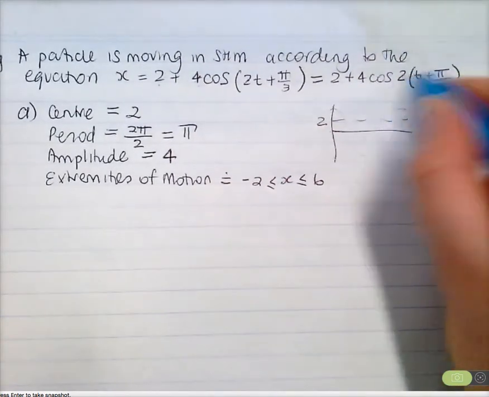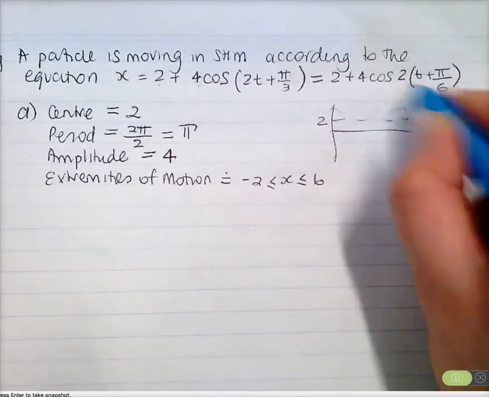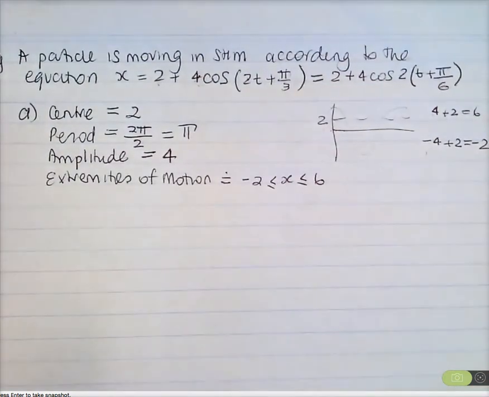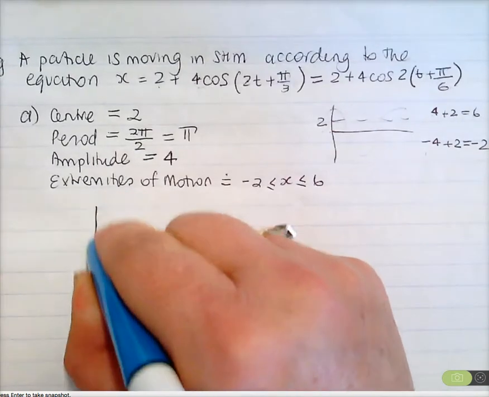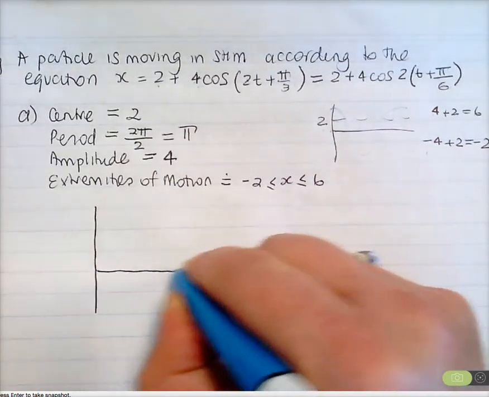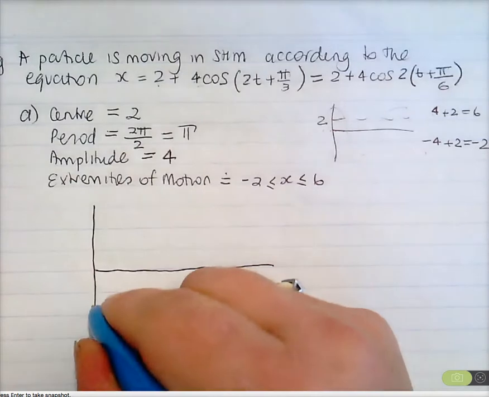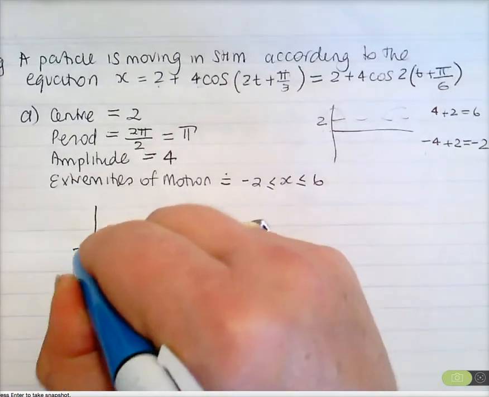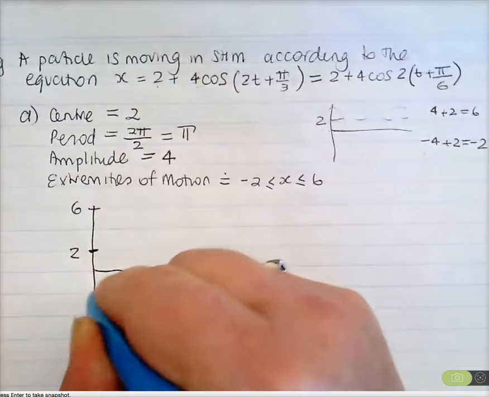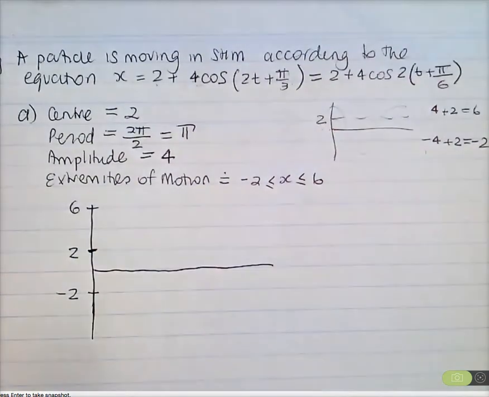Yeah, because 2 pi on 6 is pi on 3. So girls, I actually want to do a nice sketch, even though we don't have to, but I want to do one now, because you're not going to like it. Right, it's moved up to 2. Extremities are 6 and -2.